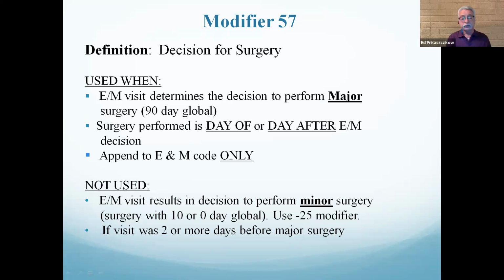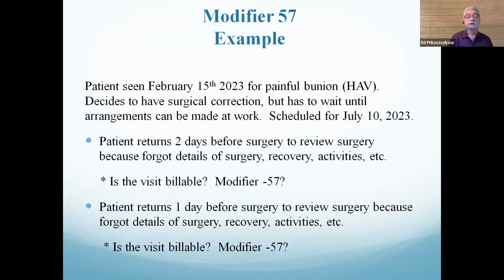So they're there with compression dressings, diuretics, et cetera, to get that edema reduced to a point where you can do the surgery. So you do the E&M one day, and 2 or 3 days later, you do the surgery. You do not need to put the 57 modifier on the E&M code because, again, that's for the day before or the day of the surgery.